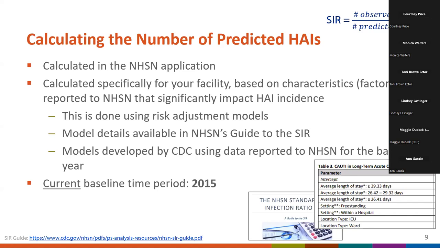So the current reports that you can run in NHSN for the SIR, they are using models that were created from a 2015 baseline year, which means that the SIR is providing a comparison of your facility's data to that 2015 national baseline. So when we talk about a rebaseline, we are talking about updating that baseline year to a more recent year and also creating new risk adjustment models based on that more recent year of data. And in this case, that will be 2022.